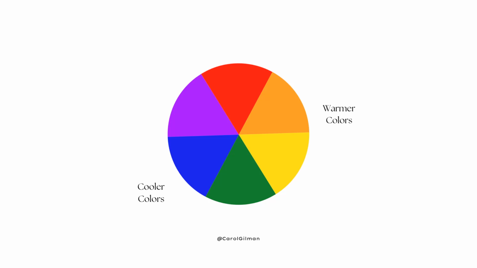Well, green has both yellow and blue in it, but a lot of times it's considered to be on the cooler side, where it can lean more towards the blue side of colors. But it always depends on how much blue or how much yellow, and even what type of blue and what type of yellow is combined to create that green, to decide whether it's going to be on the warmer or the cooler side.